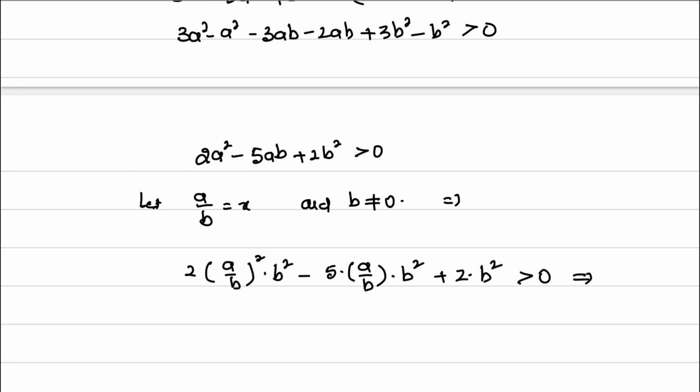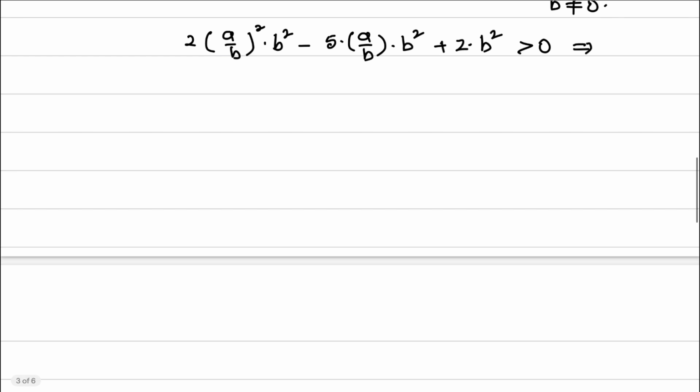And at the same time, what have we assumed? B is not equal to 0. Then what happens? A by b is x. 2x square into b square minus 5b square into x plus 2b square is greater than 0. Do you agree?